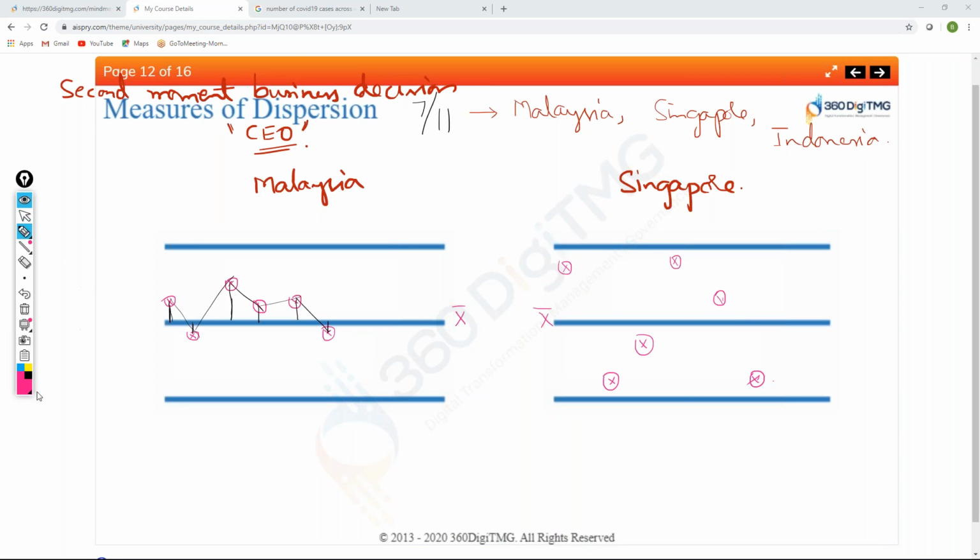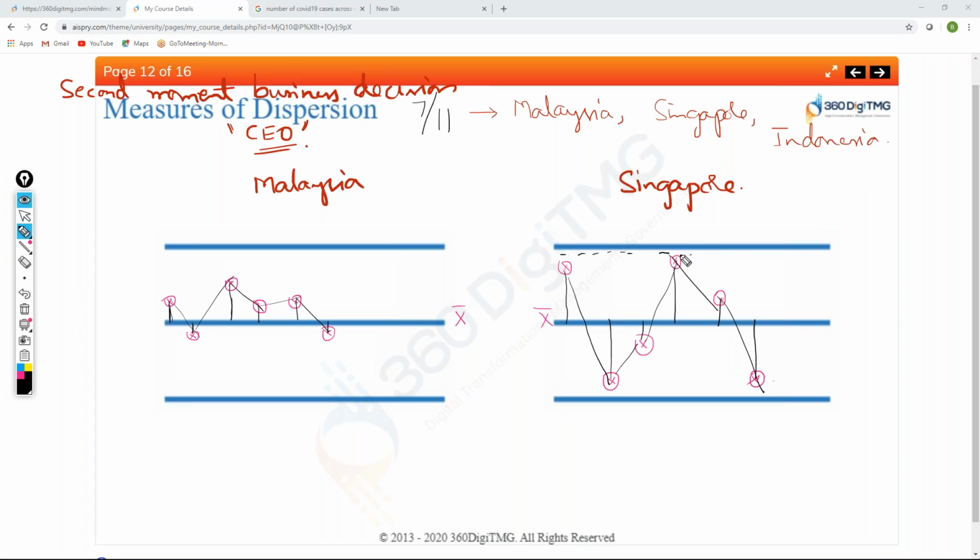So what do you mean by dispersion? How far away is each point from the average? How far away is each month's sales from the average sales? That's called dispersion. Now, if you look at the dispersion here in Singapore, dispersion is more.